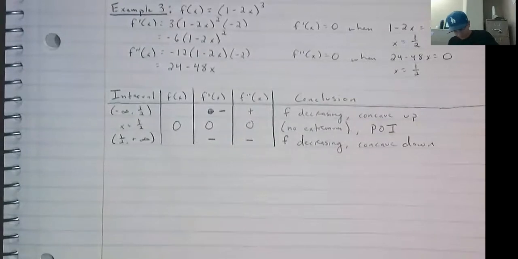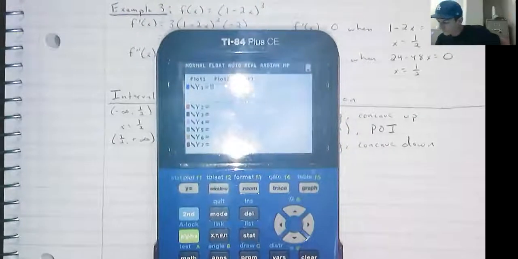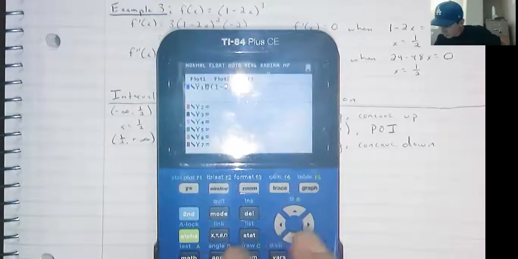So what does that look like? That looks like (1 minus 2x) raised to the third.